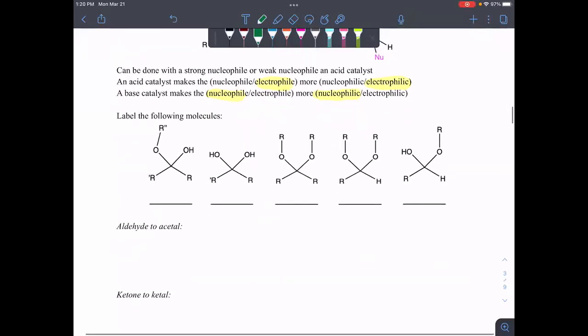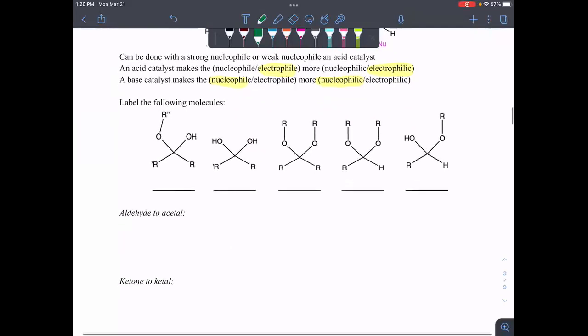Okay, so now here is where I started getting confused when I took the class, because everything is similar and there's like 5 gazillion things to memorize. But when you do nucleophilic additions, you can get all 5 of these as common products and you get quizzed on the name. So you can have an acetal or a ketal, and then you can also have a hemiacetal and a hemiketal.